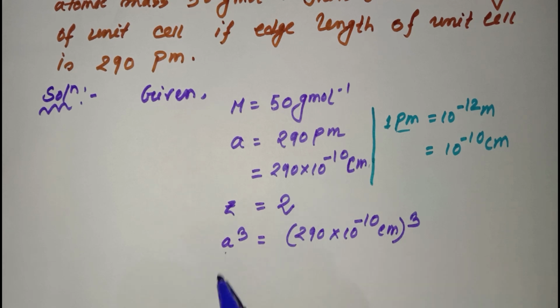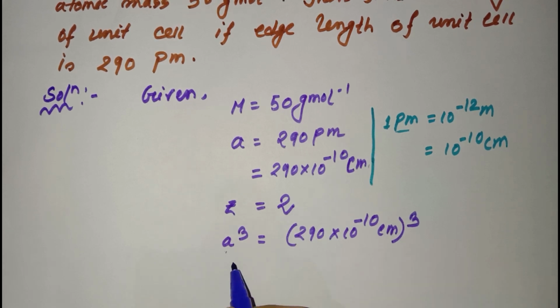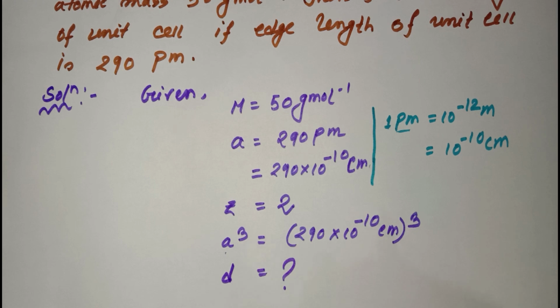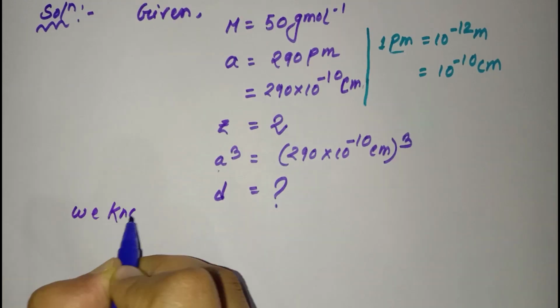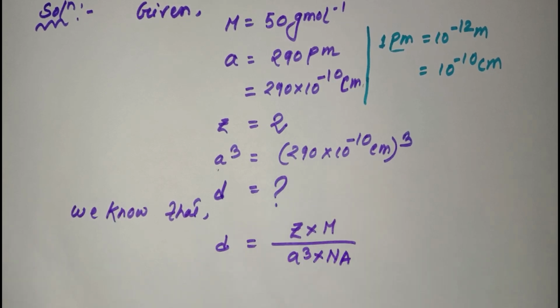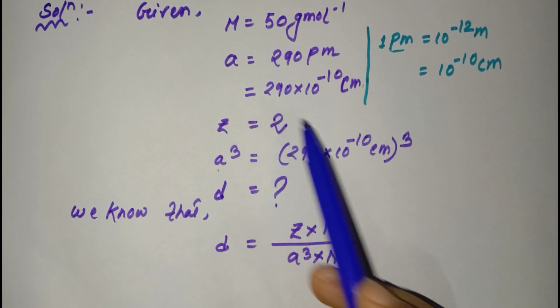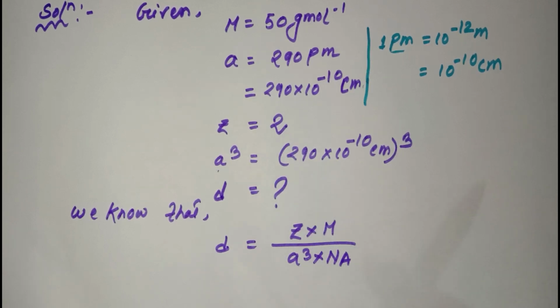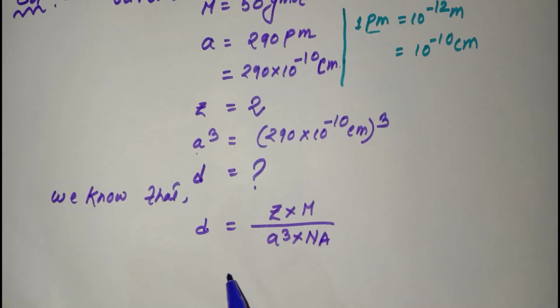So what should we calculate? That is the density, d equal to question mark. Now the density formula is Z into M by a cube into N A. Now putting all these given values in this formula and calculating it.